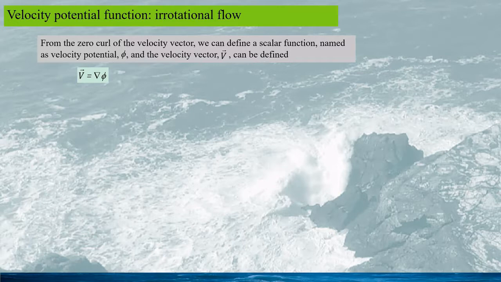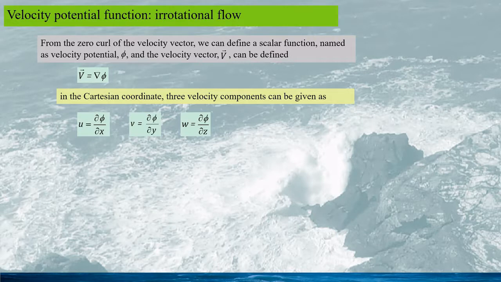The assumption of an irrotational flow could simplify the dynamic problem very much. In a Cartesian coordinate, the three velocity components are calculated from the velocity potential function as this. So, if we obtain the velocity potential function, we can calculate the velocity components using these three equations.